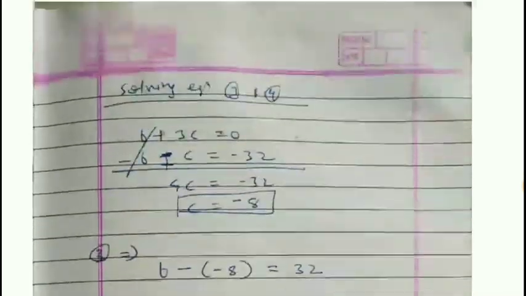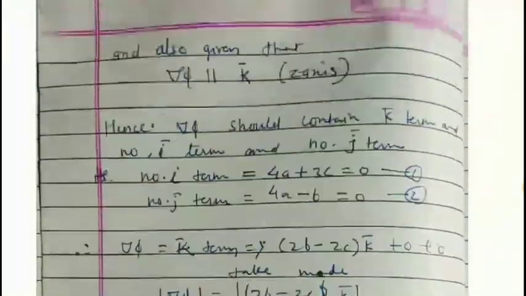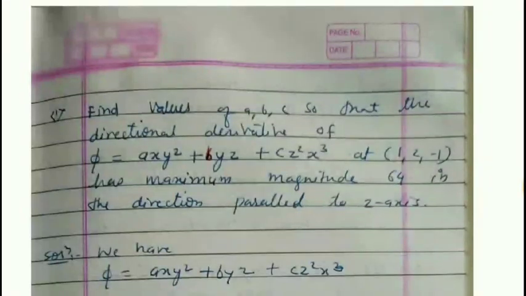In this question, remember one thing: we are already given that the maximum directional derivative is 64 and this directional derivative is parallel to z axis. That means the k axis is present here and the vectors i and j are absent, meaning the values of i and j are 0.